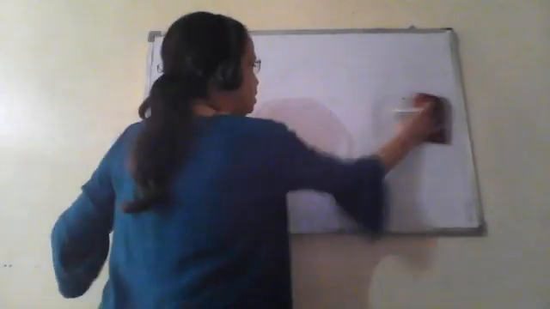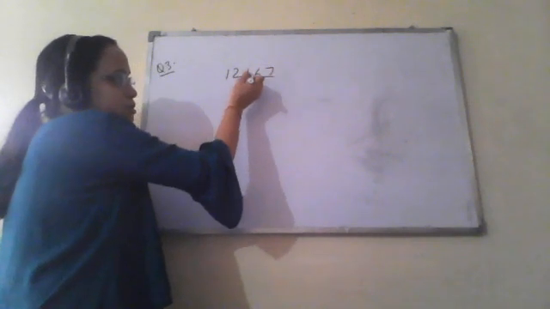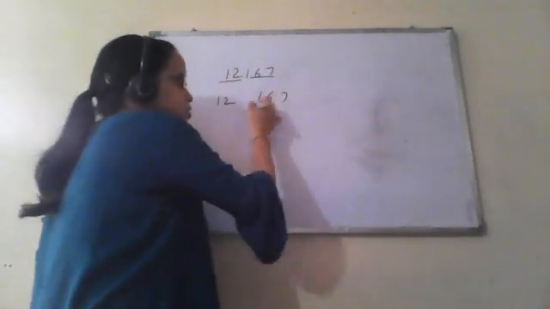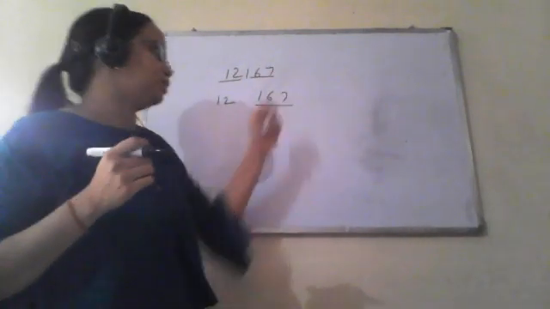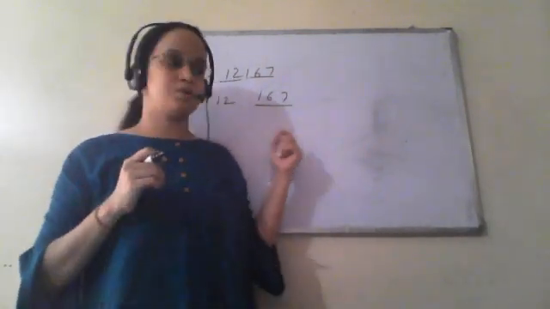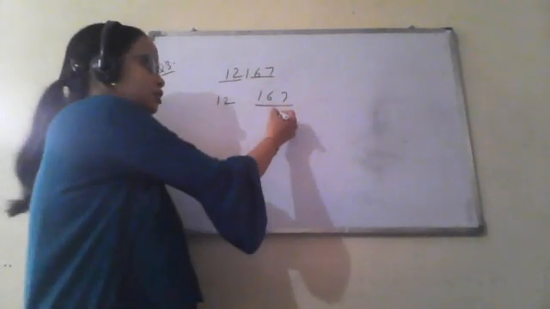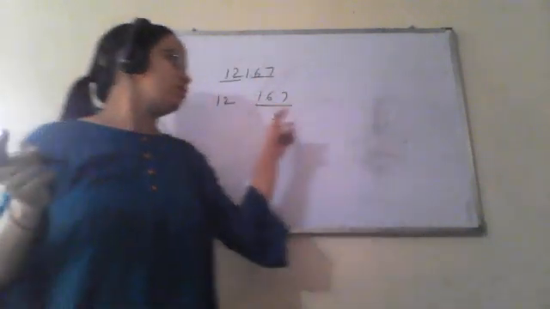Now similarly, next is 12167. From the unit place, pair in groups of 3. So this is 12 and this is 167. This ends in 7. What is the possibility of getting a perfect cube with 7 at its unit place? It should have 3 at its unit place, because the cube of 3 was 27, that is 3 into 3 into 3. So we will write 3 for this.